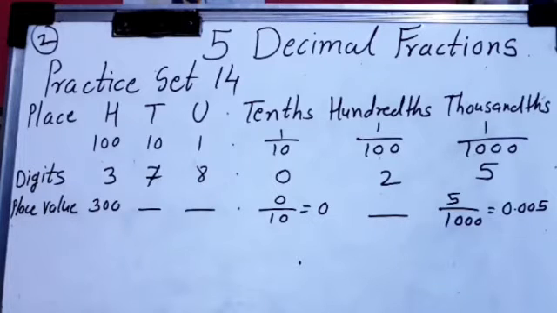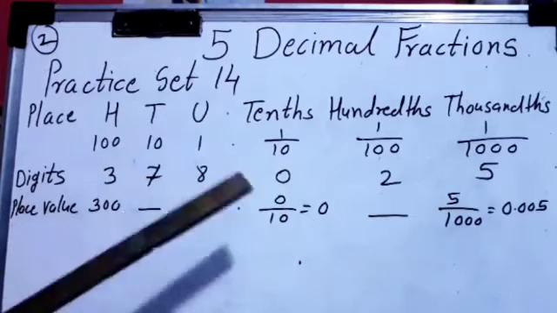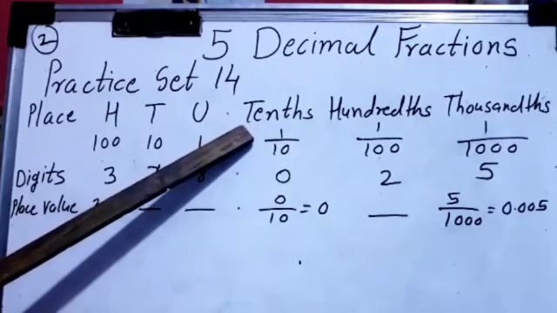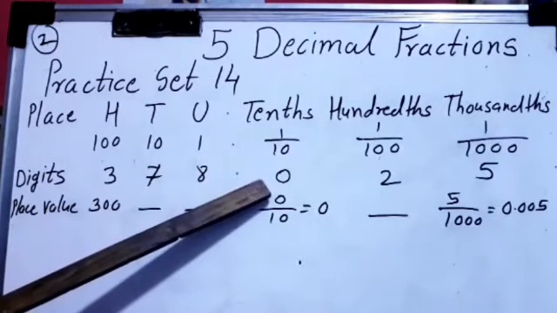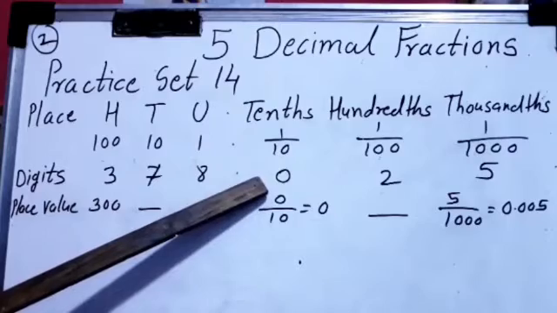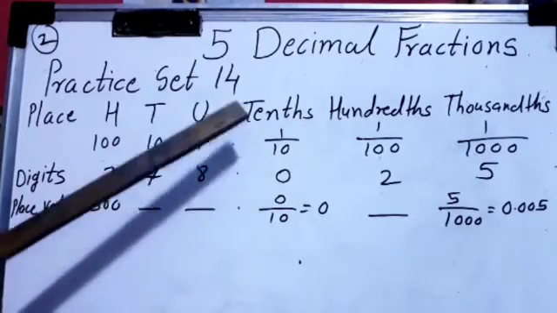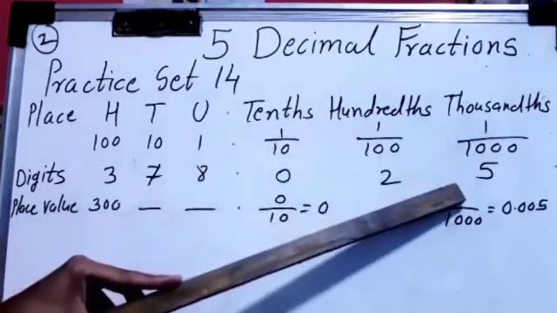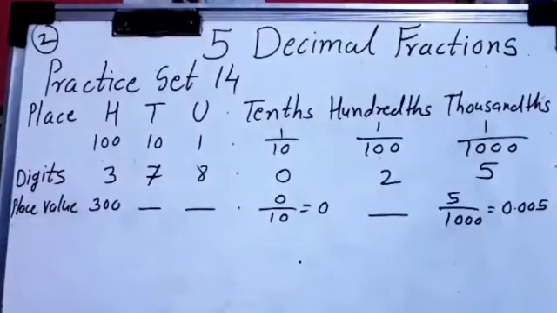And then the decimal point is there. After that, 0, 2, 5. So 0 will come under the 10th place. See, this 0, though it has no value, still gets a place here. Which place will it get? It will get the 10th. 2 will come under the 100th and 5 will come under the 1000th. So this way you have to arrange.